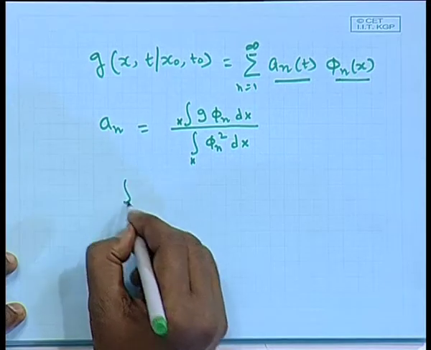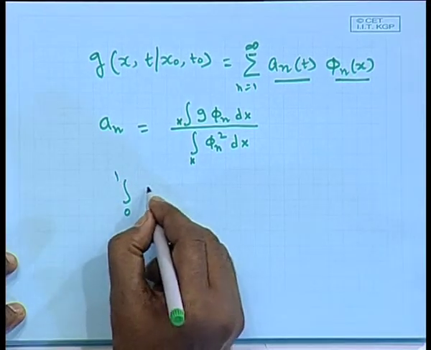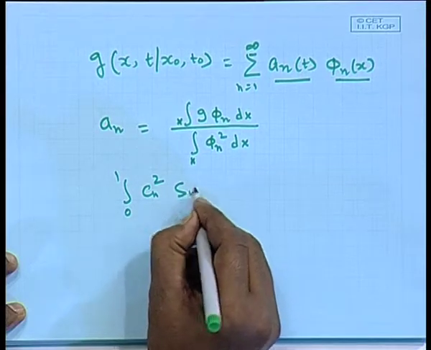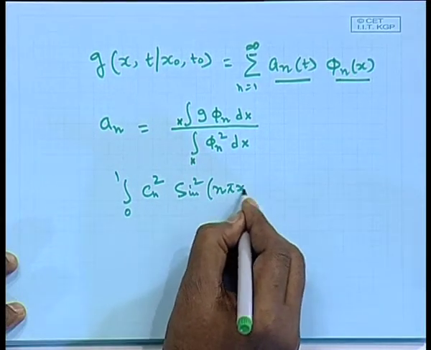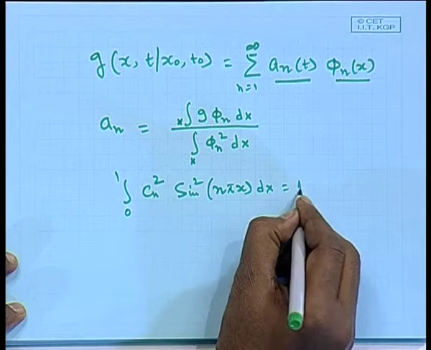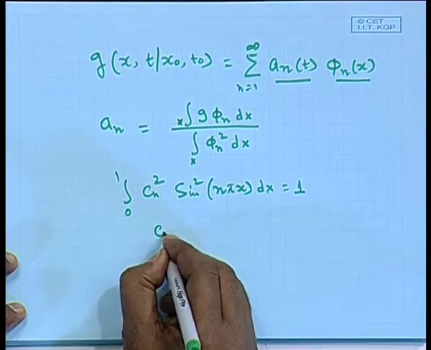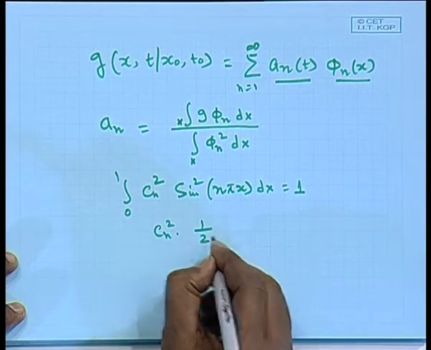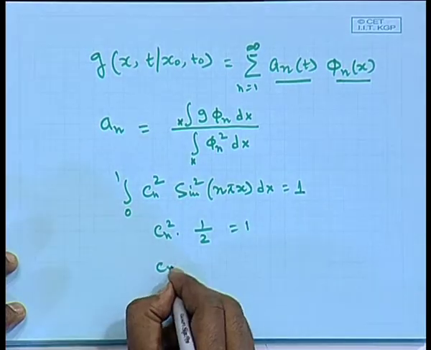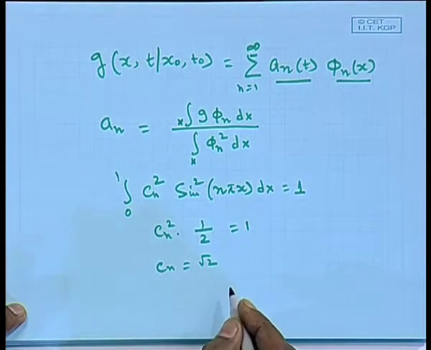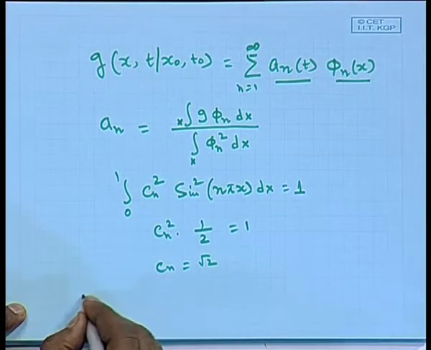So, in this case it will be the integral from 0 to 1 of phi n square, which is c n square sin square n pi x dx, equal to 1. Force the eigenfunctions to be orthonormal. So, it will be nothing but c n square by 2 is equal to 1. So, c n is equal to root 2, right. So, what are the eigenfunctions?